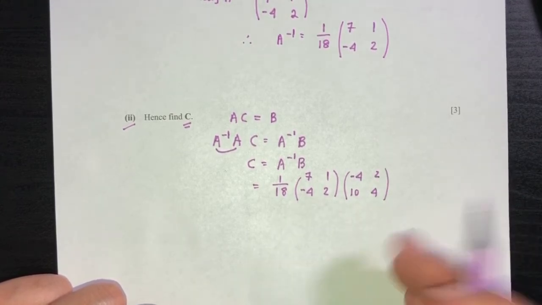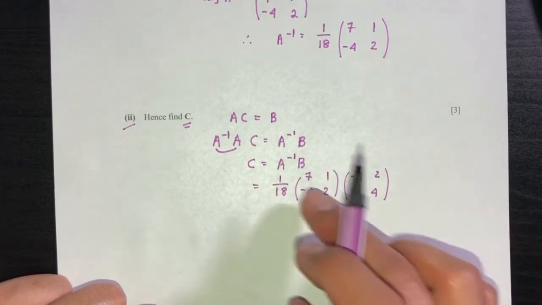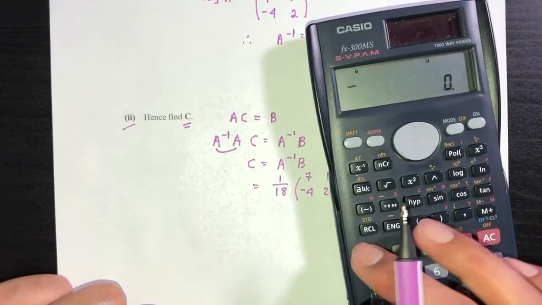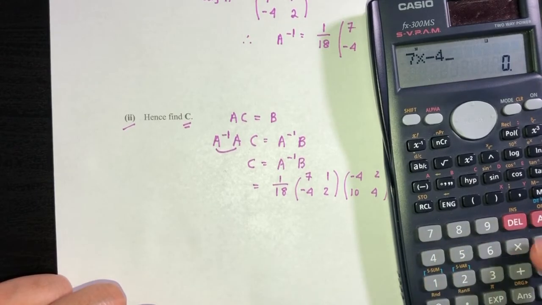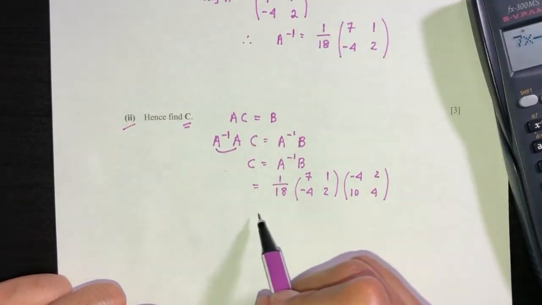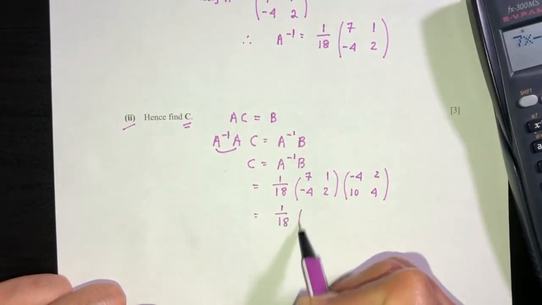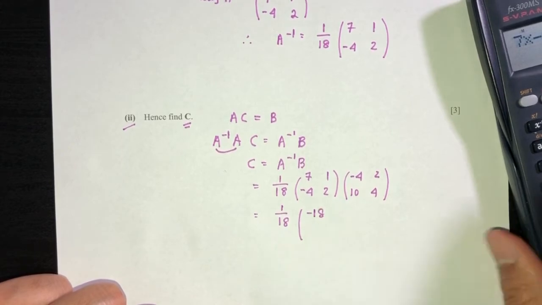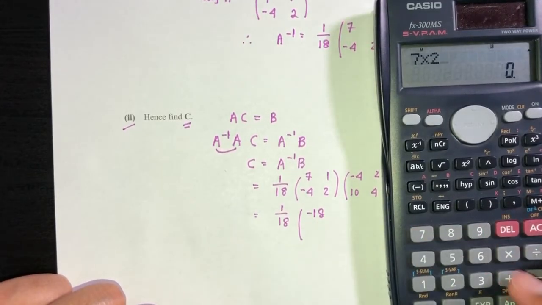Now this is simple matrix multiplication. So rows by column. 7 times minus 4 plus 1 times 10. That should be minus 18. So 1 over 18, the first value is minus 18. And then we have 7 times 2 plus 4.